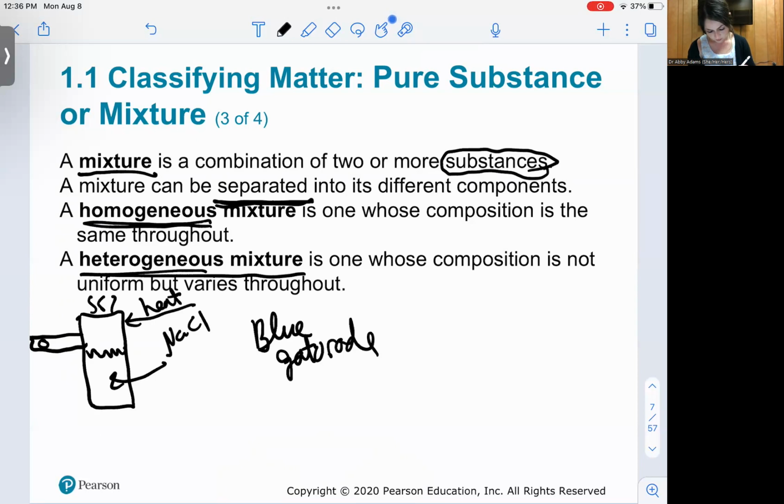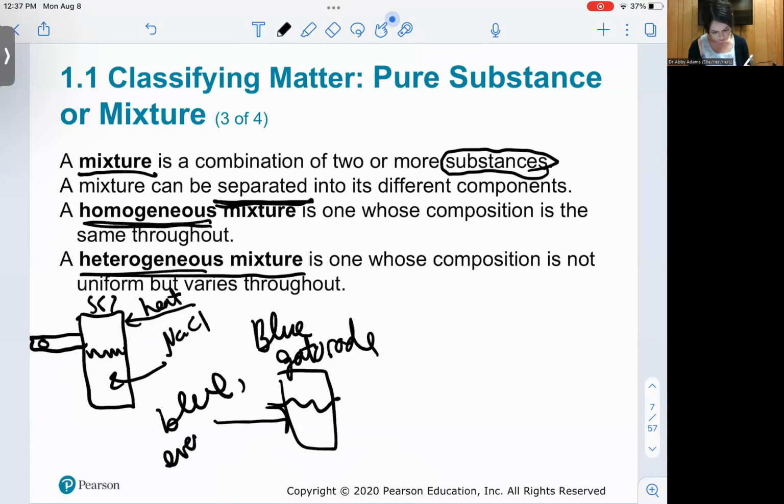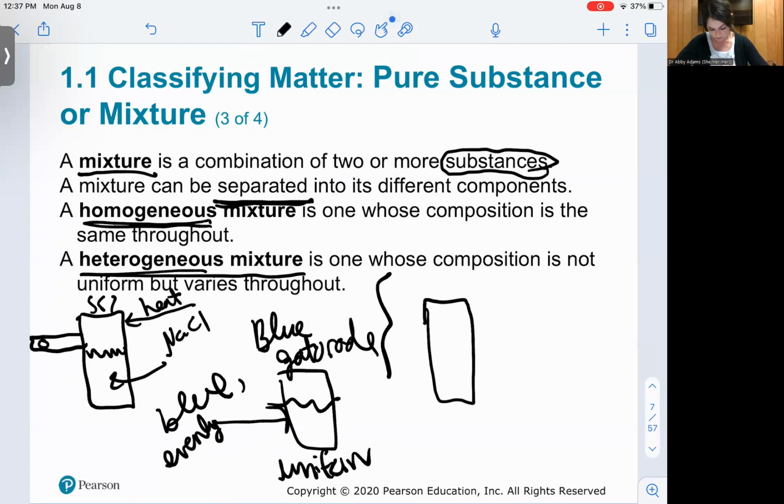The whole thing is going to appear blue, pretty evenly. So that's uniform. These are examples here. These are homogeneous.